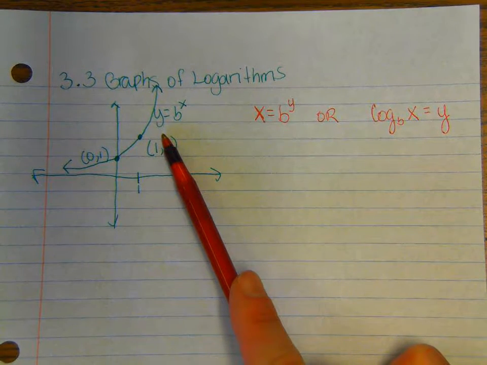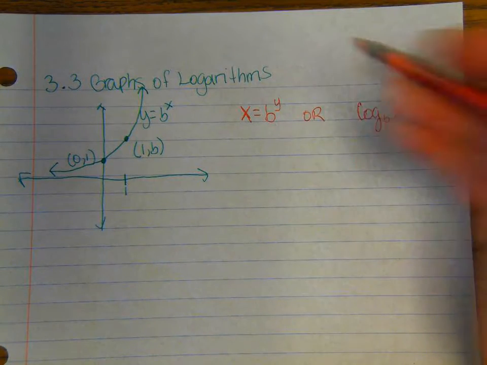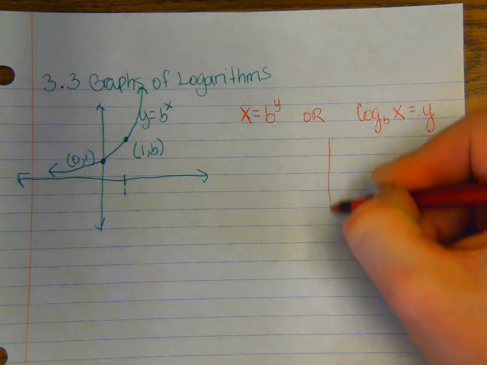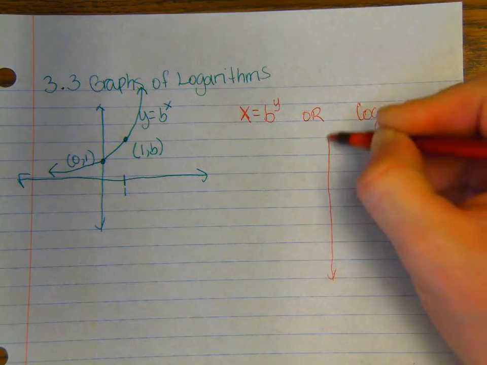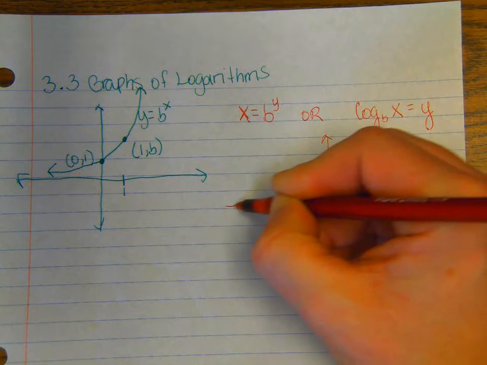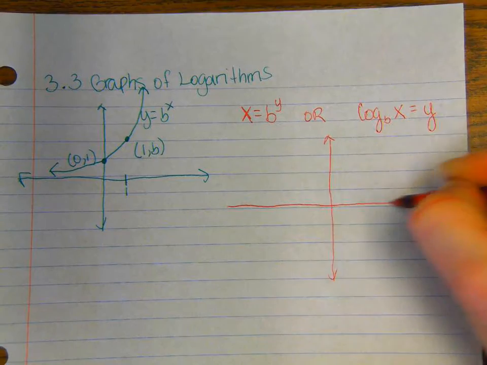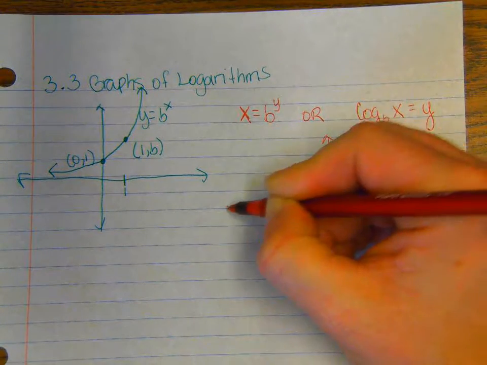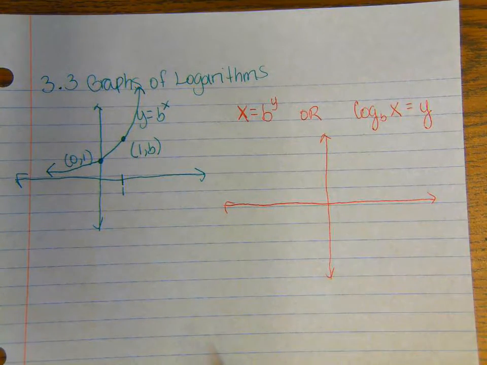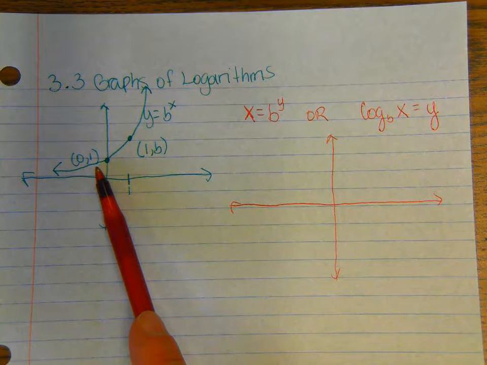So if we think about that, let's pick those two points that I had graphed earlier, and let's figure out what would be on the inverse then. If (0, 1) is on the function, what point would be on its inverse? (1, 0).